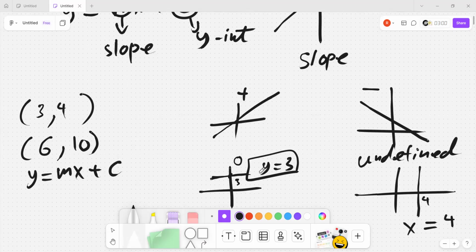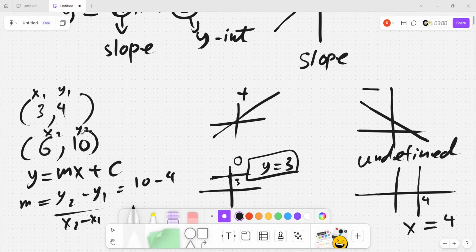Okay, time to find the slope is m. So it will be written as y2 minus y1 over x2 minus x1. So I have to decide which will be x1, y1. So let's say it doesn't matter. Okay, the first point, x1, y1, and the second must be x2, y2. Okay, so our slope will be 10 minus 4 over 6 minus 3.